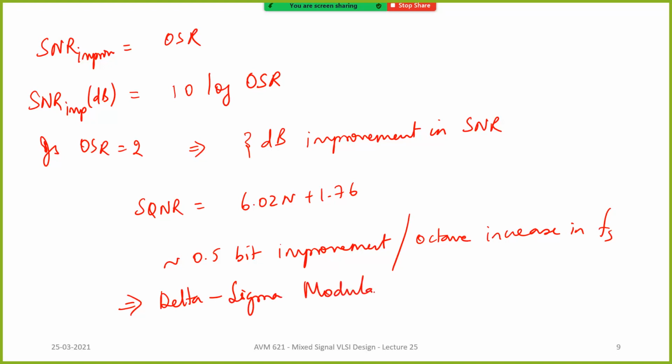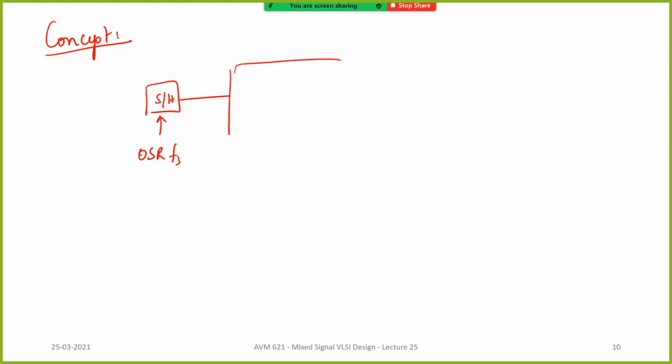Okay. The simple concept of delta sigma modulators is that I am not content with only this. The overall concept is this. So you have your sample and hold, which is operating at OSR times Fs, right? And you have your quantizer, but now you have the quantizer plus some feedback, which will shape the noise.